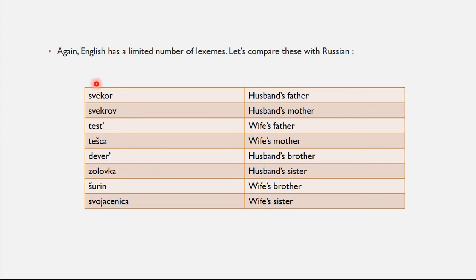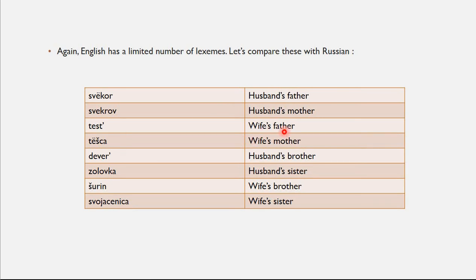And again, English has a limited number of lexemes. Let's compare this with Russian, or also we can compare it with Turkish. Here, for example, svekor, like husband's father. In Turkish, we use kayınbaba. Or svekrov, husband's mother, like kaynana. And test is like wife's father.